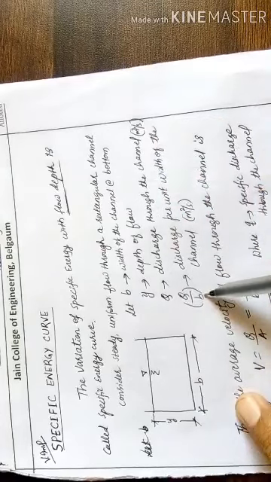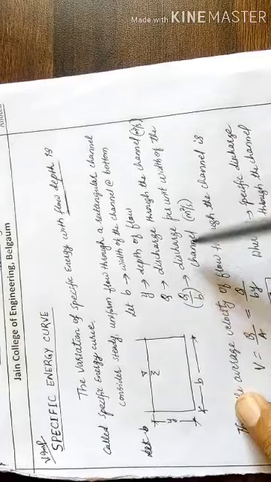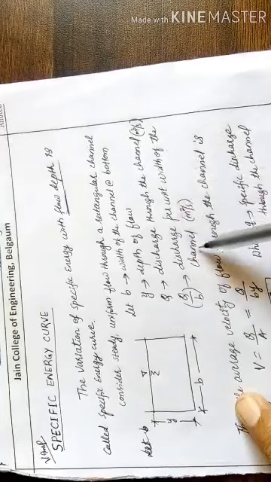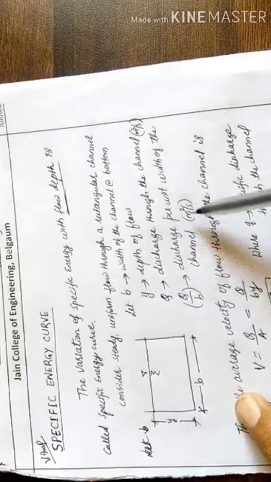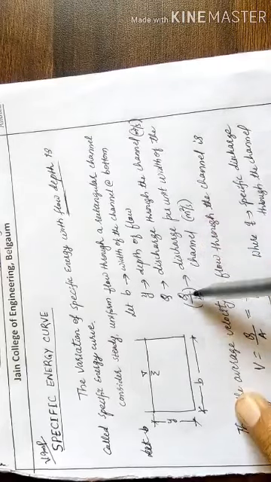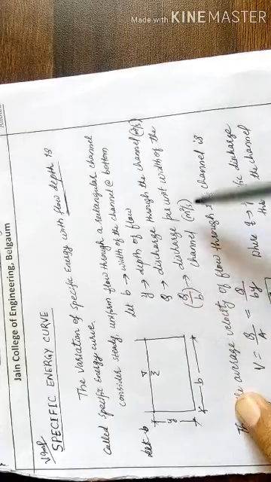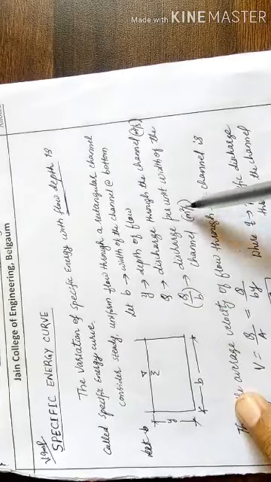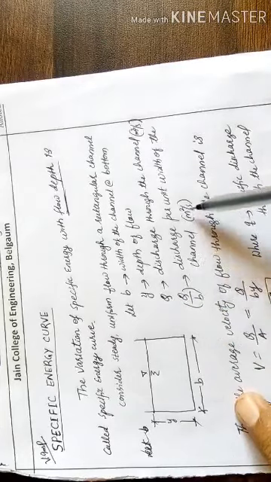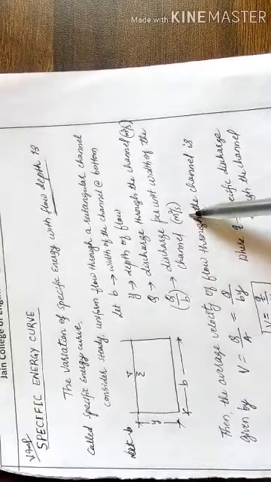Q by B is the discharge per unit width of the channel, in meter square per second, since one meter cancels.